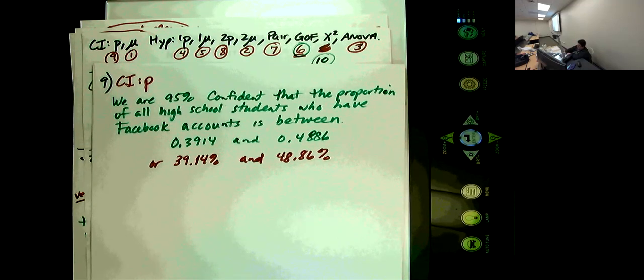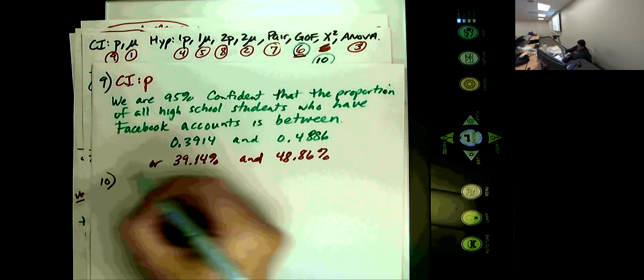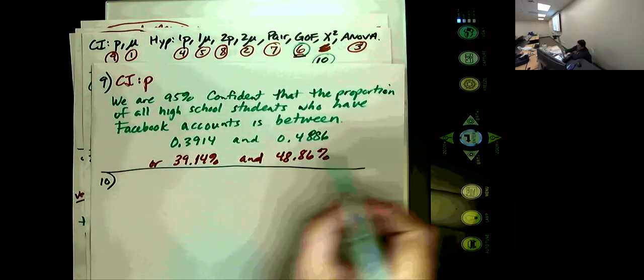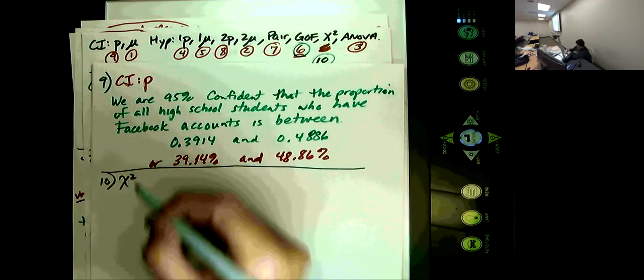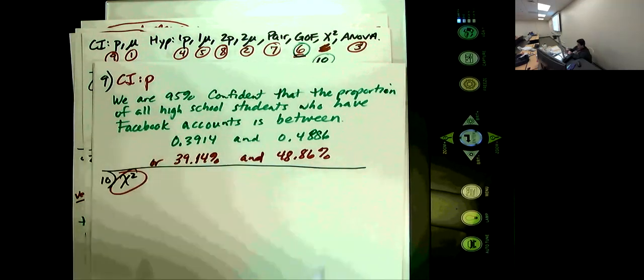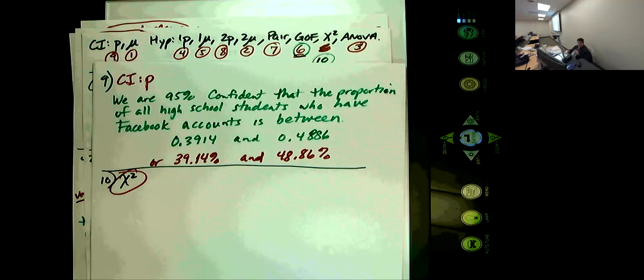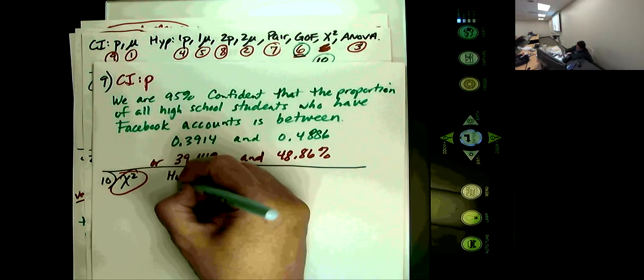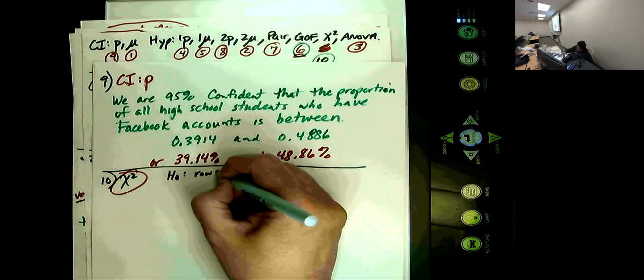Question number 10. Chi-square. Chi-square, the H naught in general is rows and columns are independent.